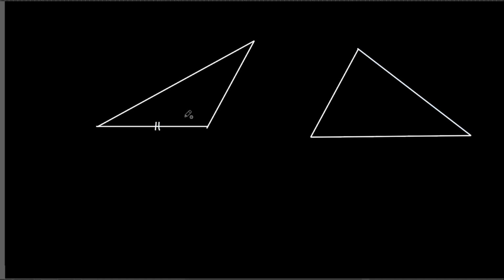They tell you that this side and this side are equal to each other. They also tell you this angle down here on the bottom is 100 degrees, and this angle on the other triangle up top is 70 degrees. And they also tell you that this side and this side are equal to each other. They tell you this is 3x minus 1, and this is 5 minus x.